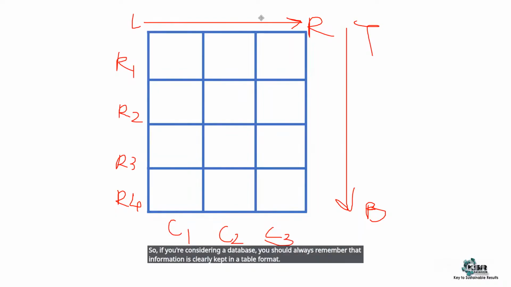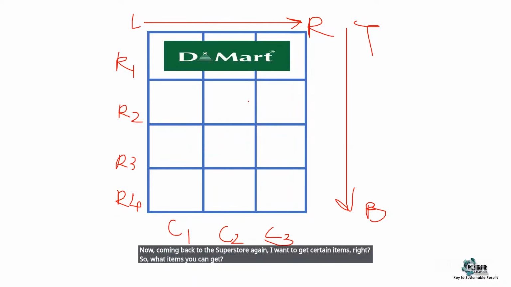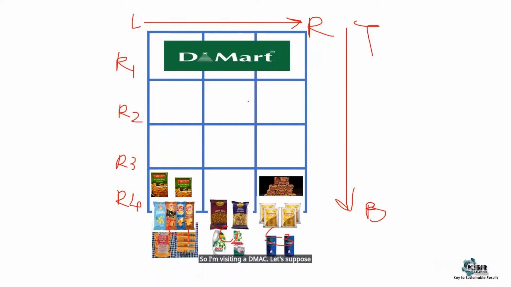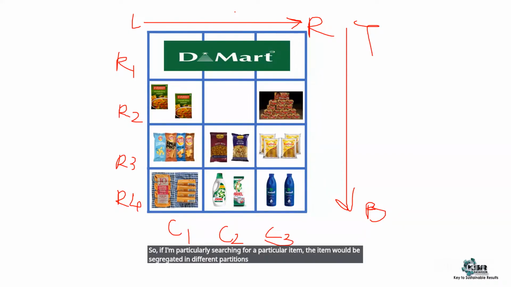Now, coming back to the superstore, I want to get certain items. Let's suppose I visit a DMart. If I'm searching for a particular item, it would be segregated into different partitions, in different sections, so you can easily visit that section and purchase the item.